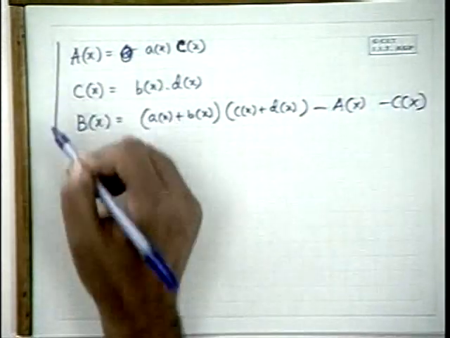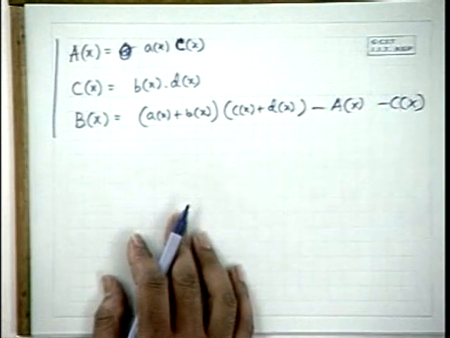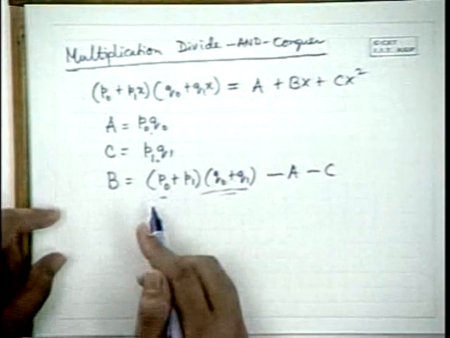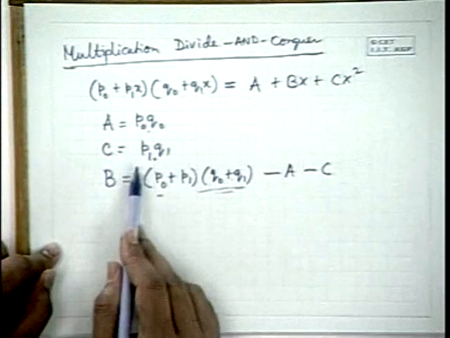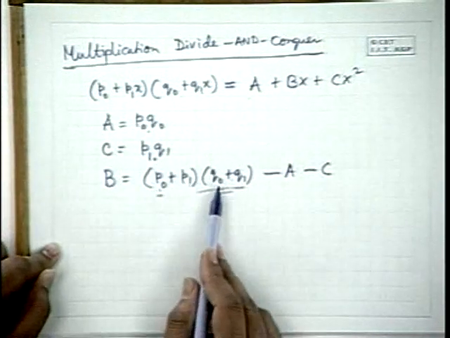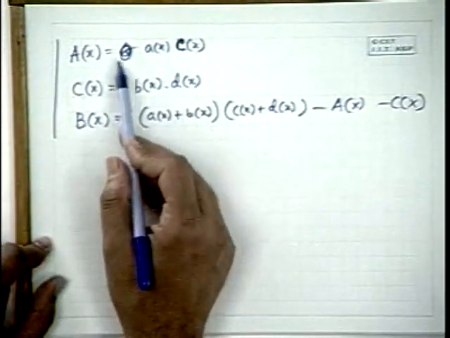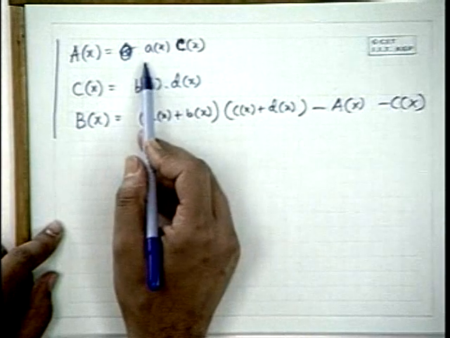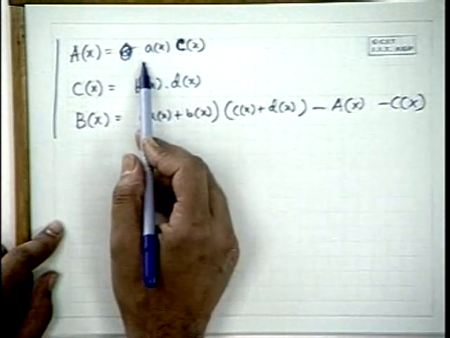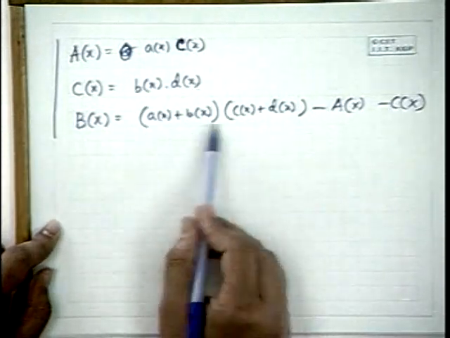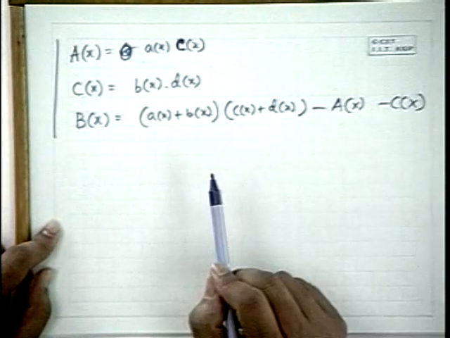See, this is the generalization of what we did for the degree 1 polynomial multiplication. If you go back to the degree 1 polynomial multiplication, what we did there was with the coefficients p0, q0, p1, q1, then p0 plus p1 times q0 plus q1, minus a minus c. That's what we did here also. But this time these are not coefficients, they are polynomials: ax times cx, bx times dx, then this minus ax minus cx.